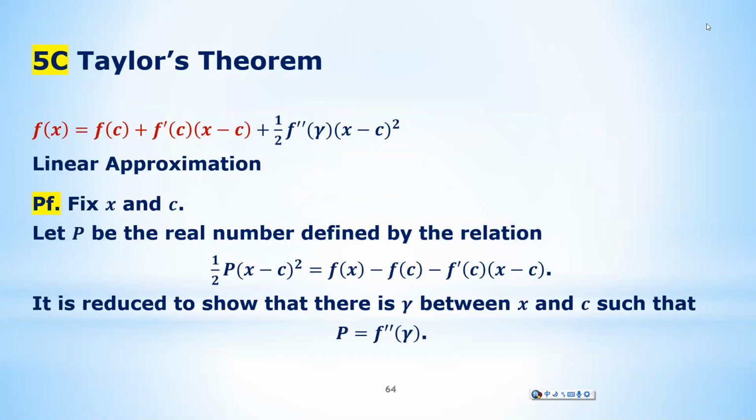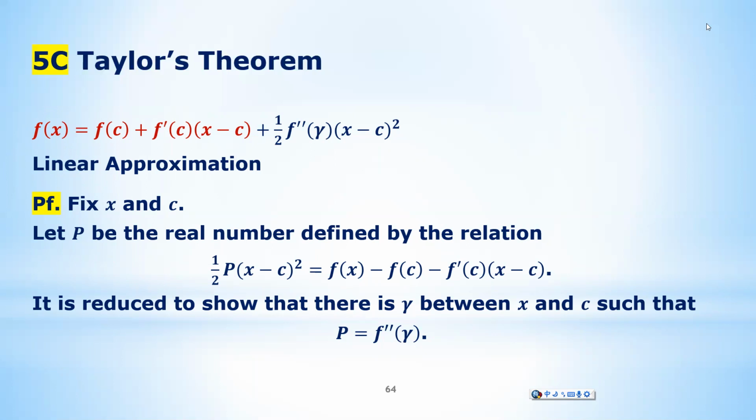If you look at the top formula, g(y) is basically the left side minus the right side, where I replace c by y.